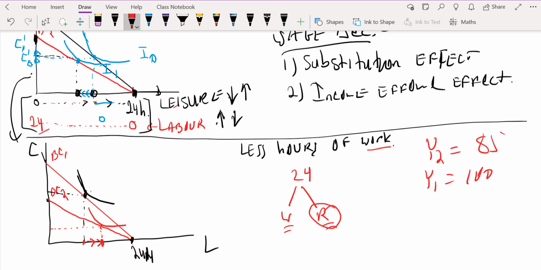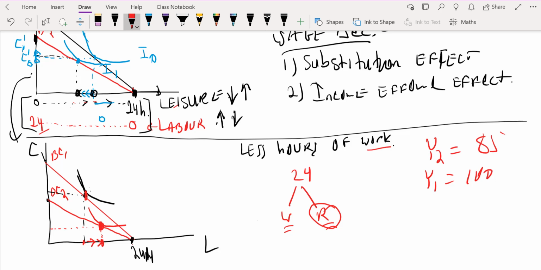We may want to substitute some of our work hours for leisure instead. But then, of course, there is an income effect as well. In other words, we are feeling poorer. We could work harder and more hours to maintain our original income. But because there is a dominating substitution effect, we eventually settle at this point here, at this red point.